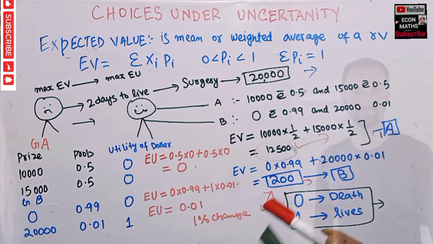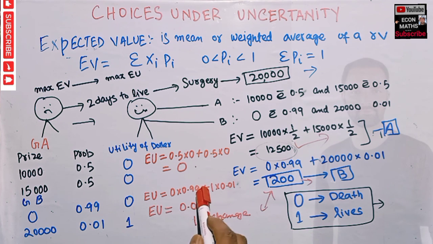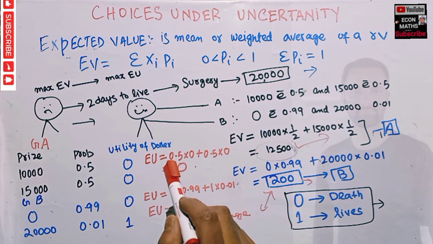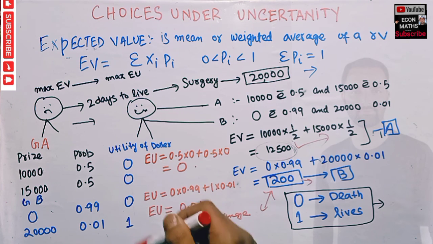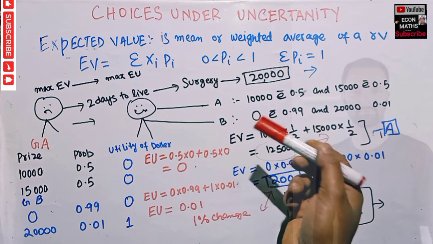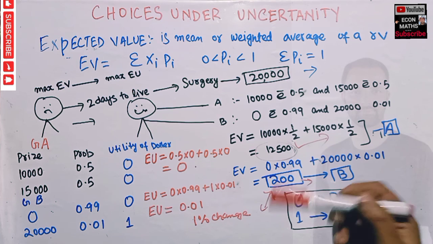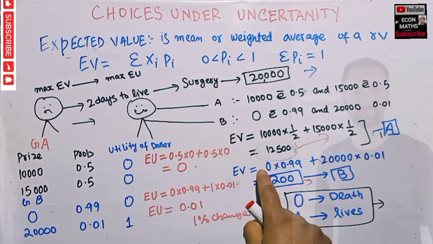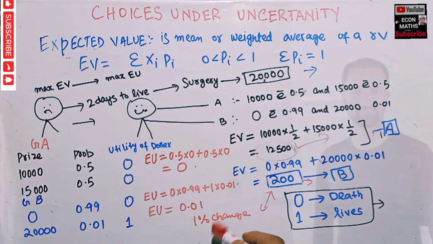The utility of the payoff for gamble B is greater than the utility of the payoff for gamble A. So it is not the case that maximum expected value will always give you the maximum utility. It can be otherwise. Here we have the least expected value, but the patient is able to survive with probability 1%. If he chooses gamble B, he will be alive, but in the first gamble he will eventually die.